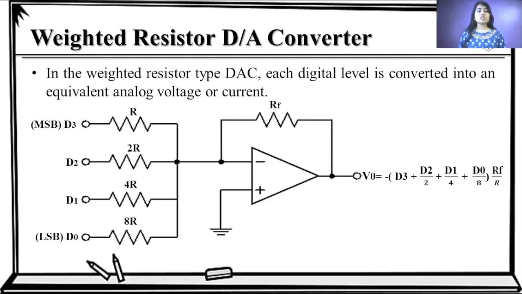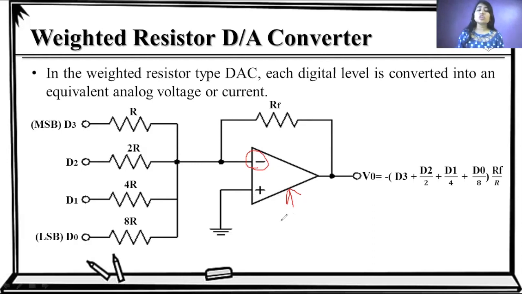In this circuit we basically use an operational amplifier. This is a summing inverting operational amplifier. Why inverting? Because we give the input in this condition. The working function of an amplifier is to amplify the input signal, right?